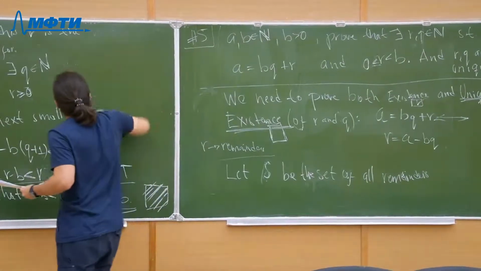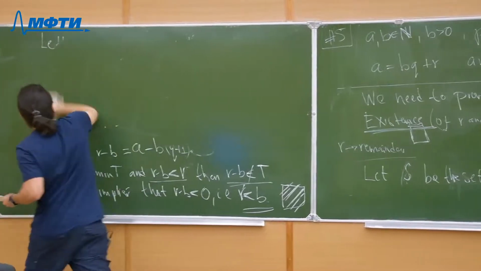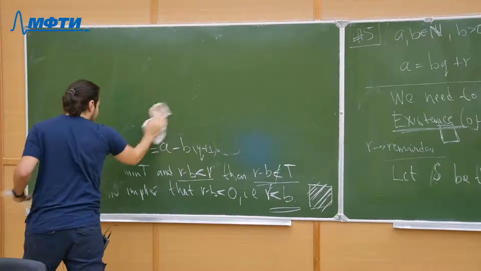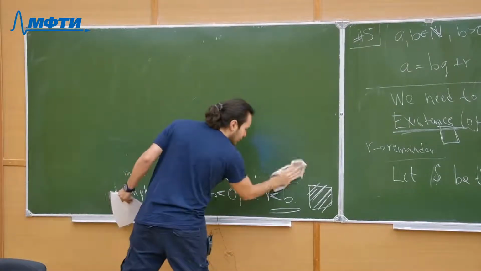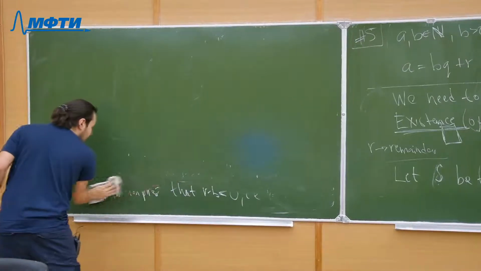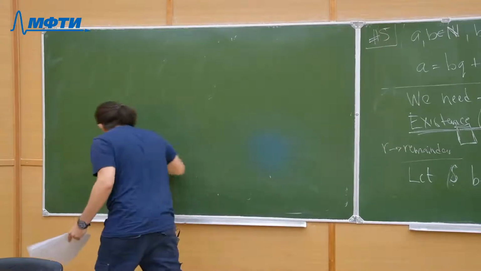Now what does it mean? We have that q and q prime are both natural numbers, right? And the difference between them is between minus 1 and 1. What does it mean?